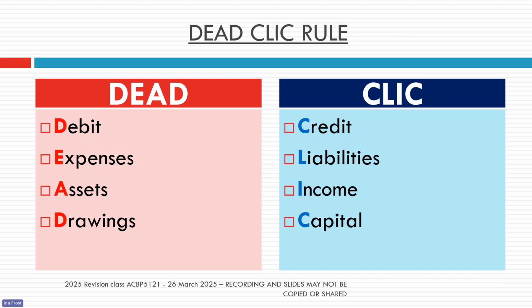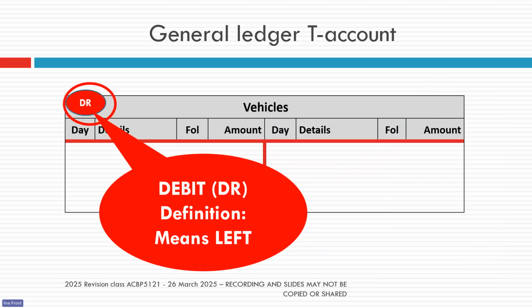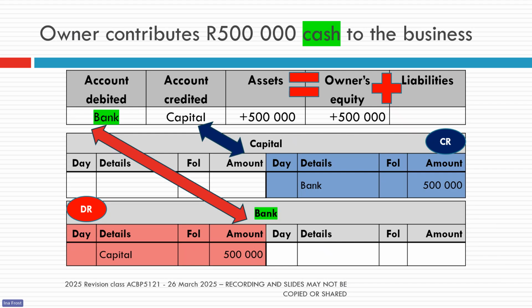So in other words, if an expense, an asset, or a drawing is going to increase, it must happen on the debit side. So if we go back here, then we see my bank is increasing because I said my assets are increasing with 500,000 rands, and therefore I've placed the entry on the debit side of bank.